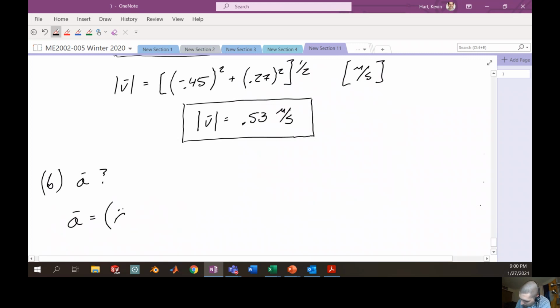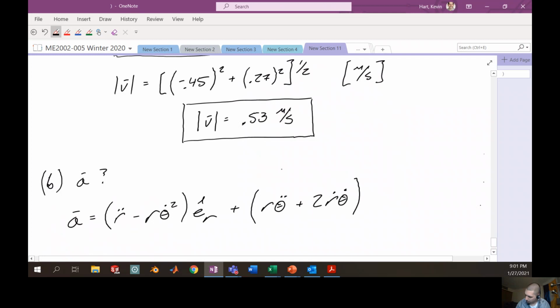Here we have r double dot minus r theta dot squared along e hat r, so your extensional acceleration and your centripetal acceleration term, plus our transverse e hat theta terms, which are r theta double dot plus 2 r dot theta dot.